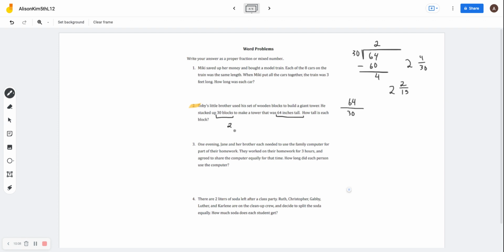So our answer will be 2 and 2/15 inches. Make sure to label it too. So each block is 2 and 2/15 inches.